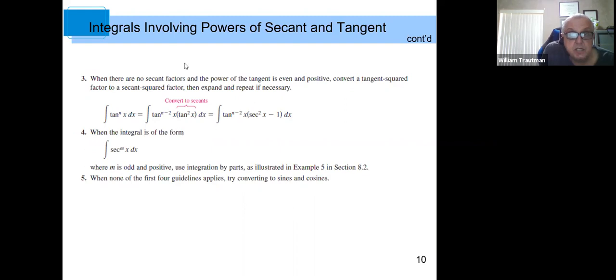So take two of these tangents, tangent to a power of 2, take that out, and then convert it to a secant. Tangent squared equals secant squared minus 1.